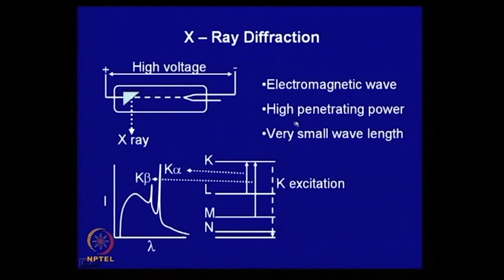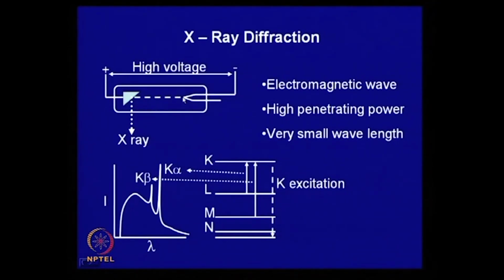And how do you get X-rays? Basically, you have a tube in vacuum, and you have a filament which is heated, and if you heat the filament, you get electrons emitting from it. These electrons are accelerated to a very high voltage of the order of several kilovolts, say 30 or 40 kilovolts.